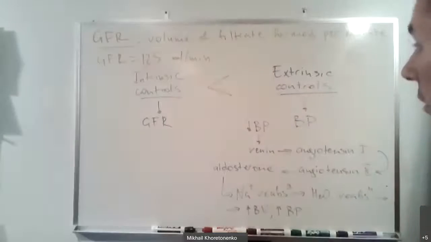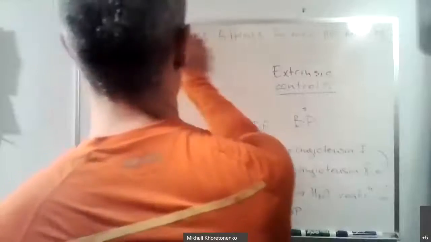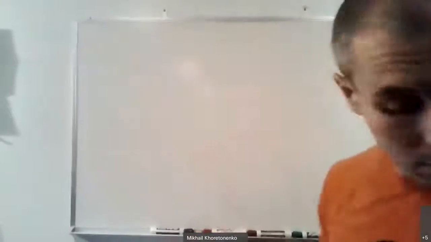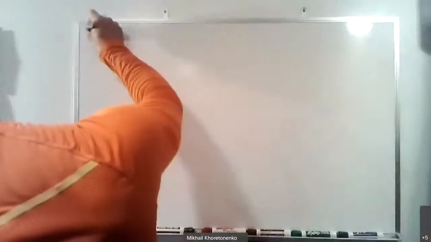Now we kind of figured out extrinsic controls. Let's talk about intrinsic controls instead. Two mechanisms that contribute to the maintenance of the GFR. So the first mechanism is the myogenic mechanism.